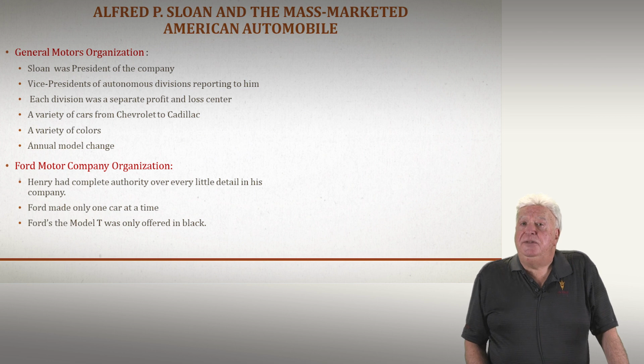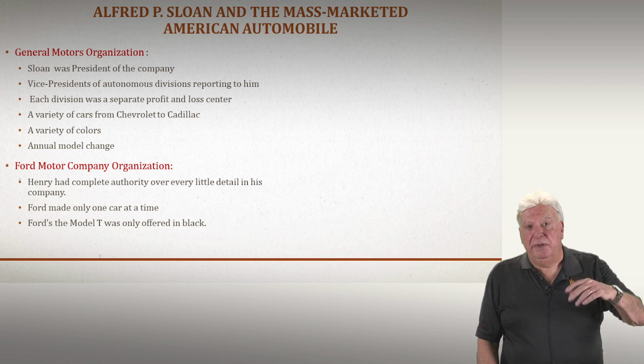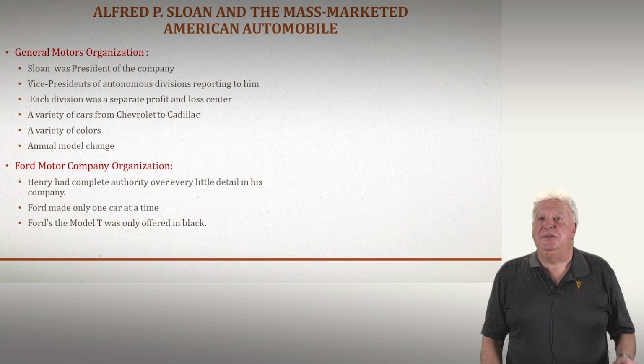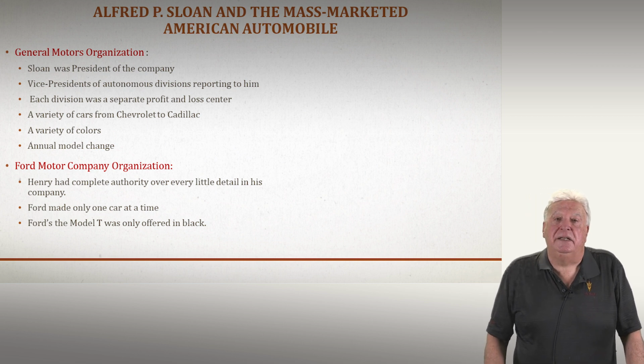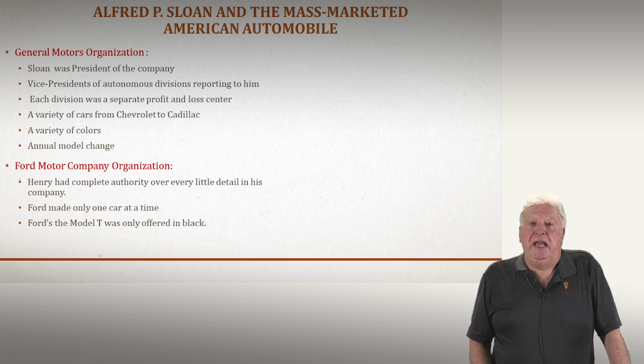Okay, Alfred P. Sloan and the mass-marketed automobile. Henry Leland, we're continuing now with this amazing chain of events. Henry Leland sold Cadillac to William Durant of General Motors in 1910. Durant formed General Motors in 1908, hoping to make it a company manufacturer of cars and automotive components.